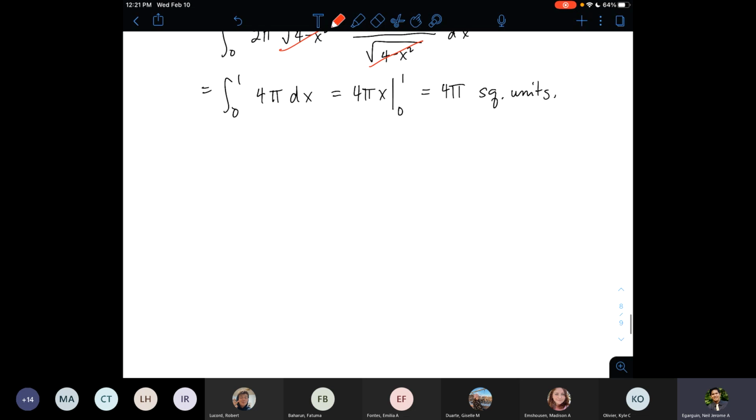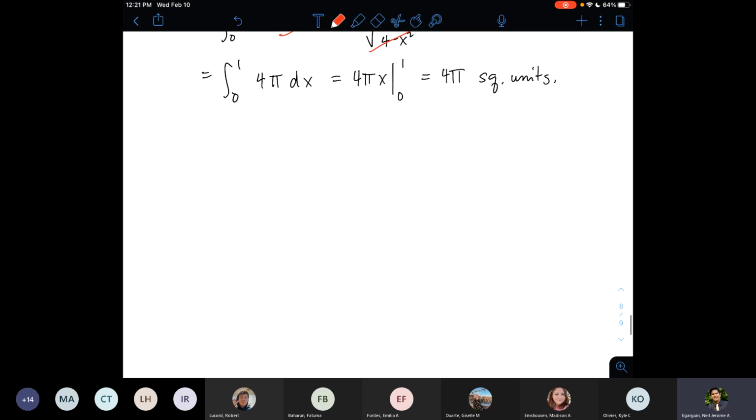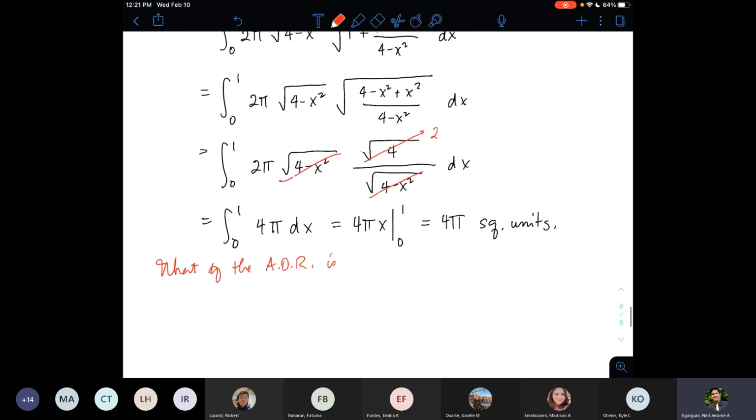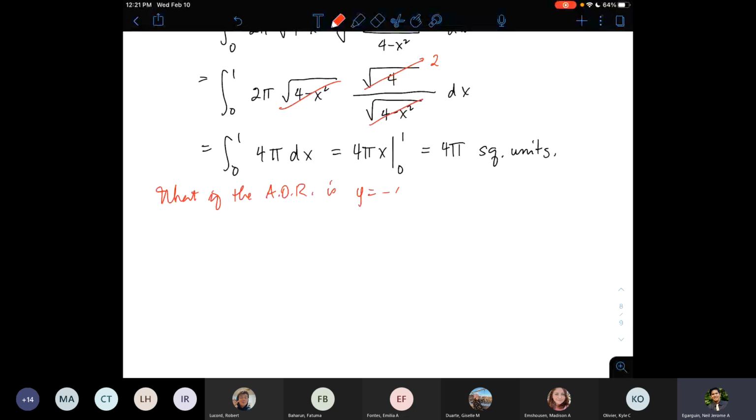Because the setup might be different for those examples. So, for instance, what if the AOR is y equals -1? Did you consider examples like this in the lecture? Or is the axis of revolution always the x-axis or the y-axis?